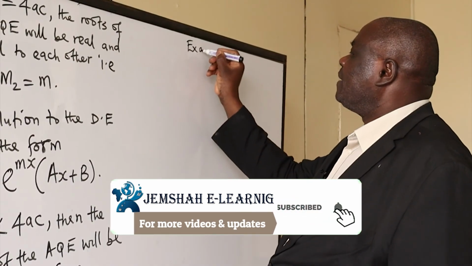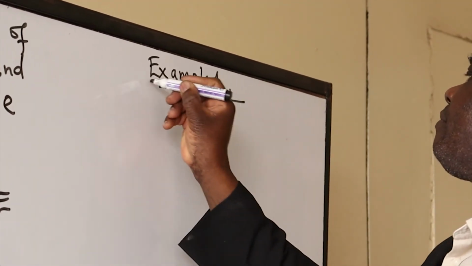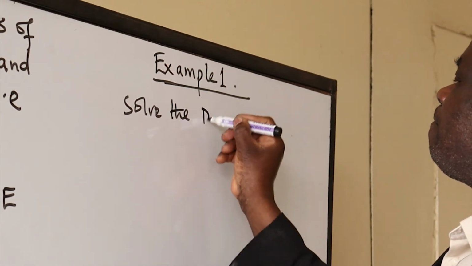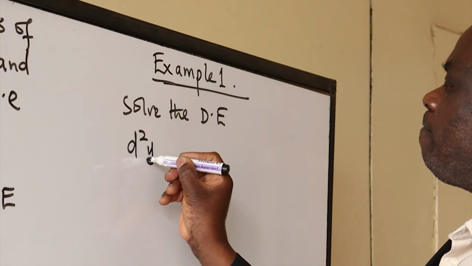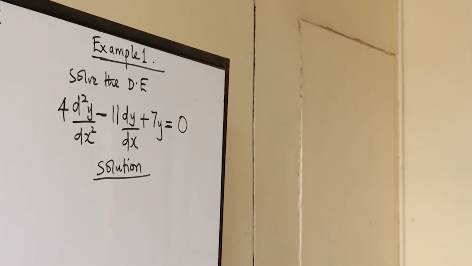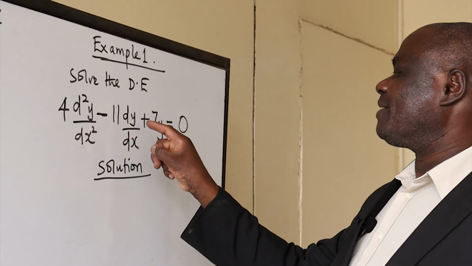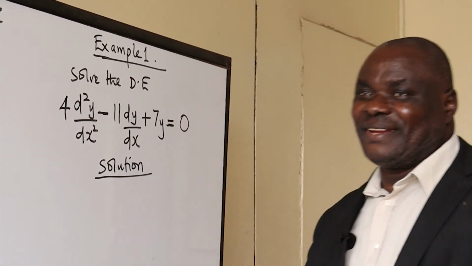Now, example 1 here. Solve d squared y dx squared minus 11 dy dx plus 7y is equal to 0.